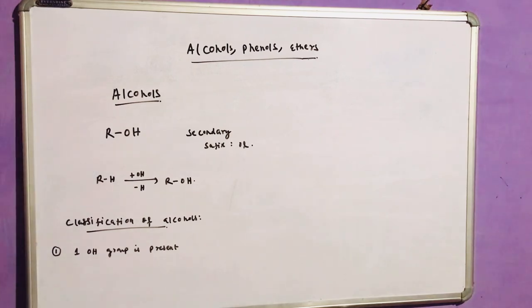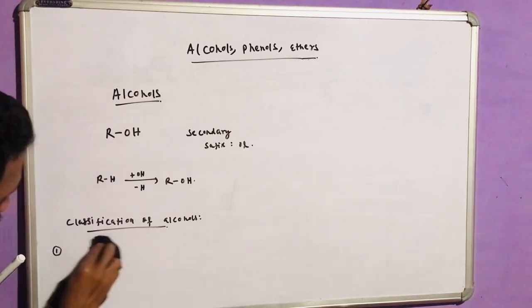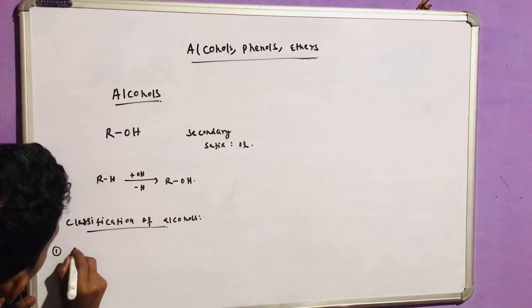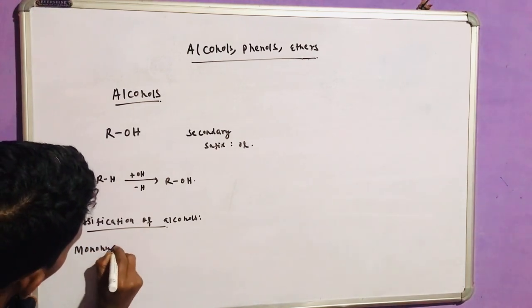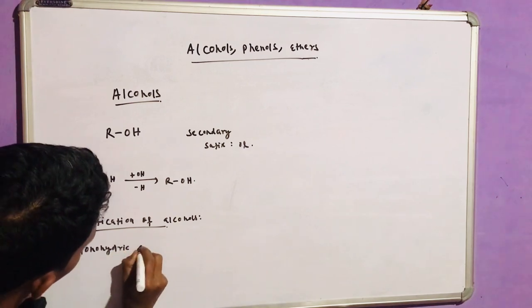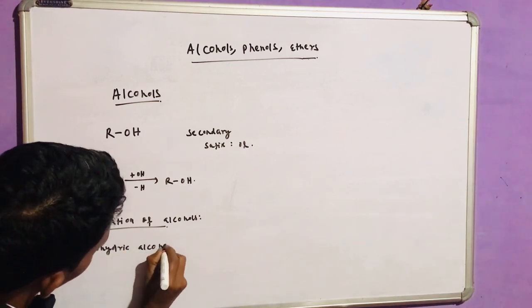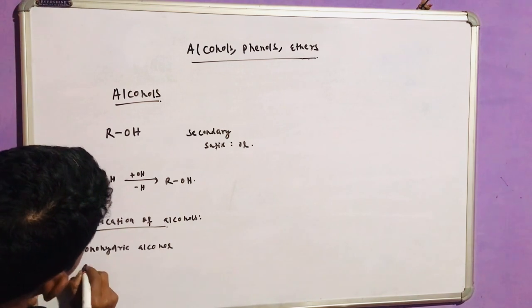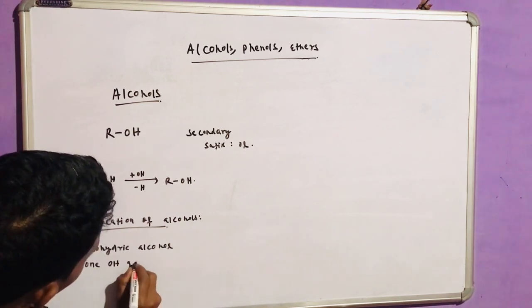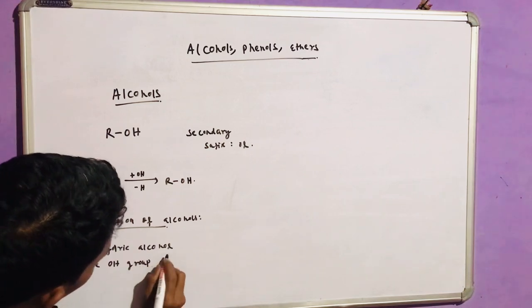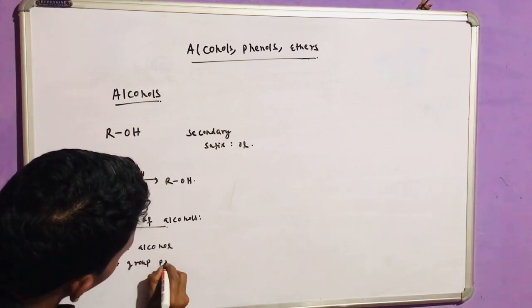The first class is monohydric alcohol, which means one OH group is present.